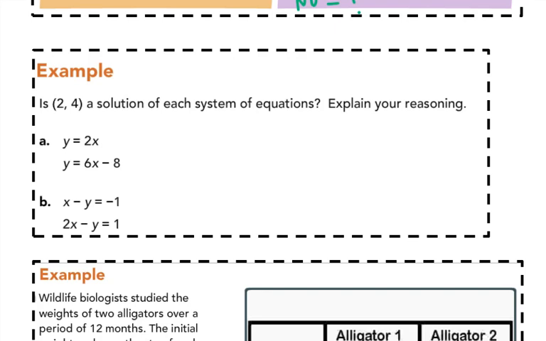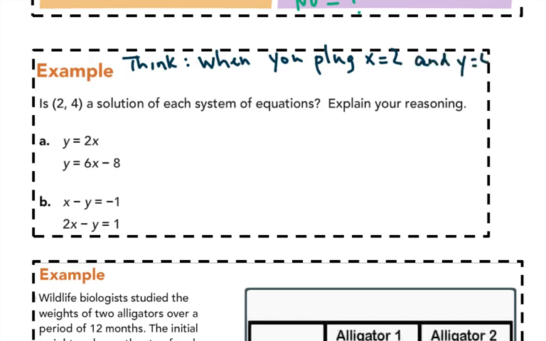So what you need to do is you need to think, when you plug x equals 2 and y equals 4 into each equation, is it true? That's what you should think.